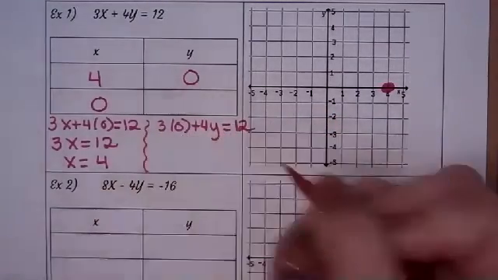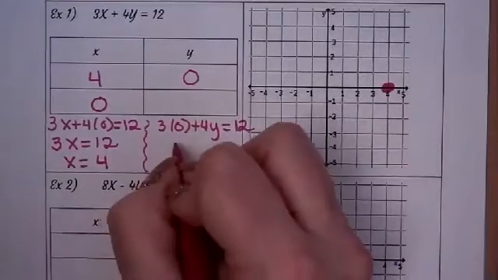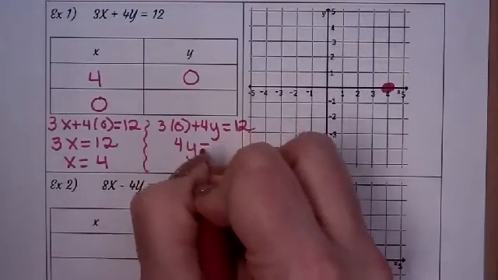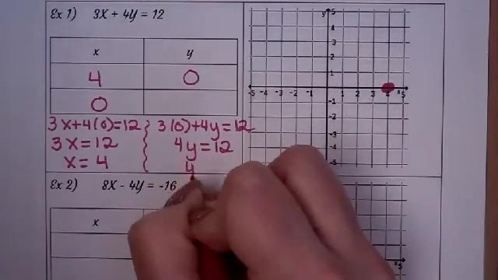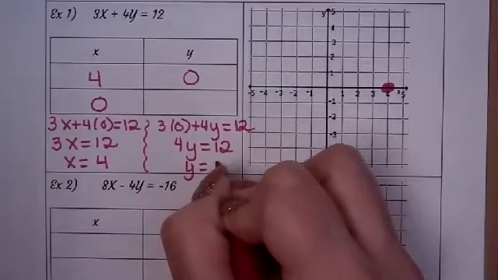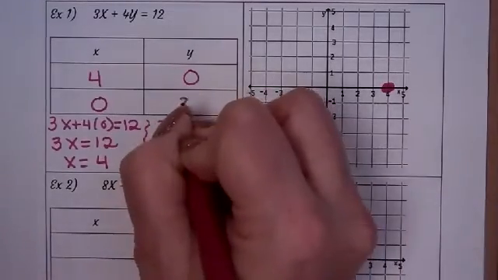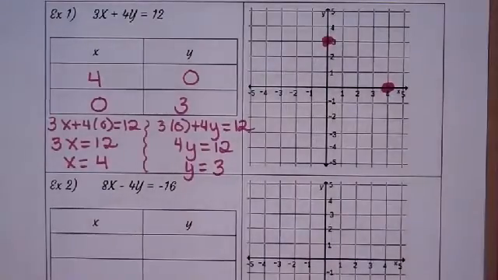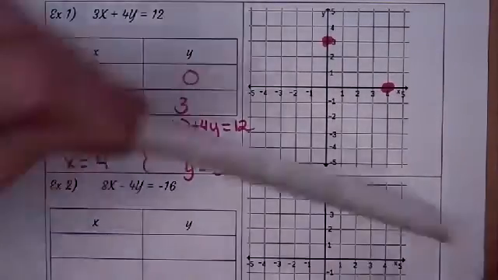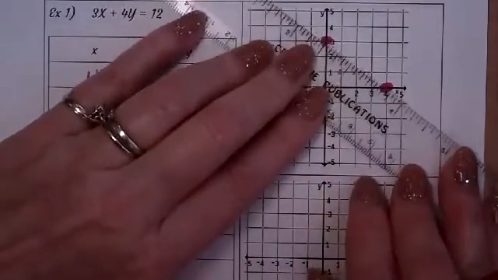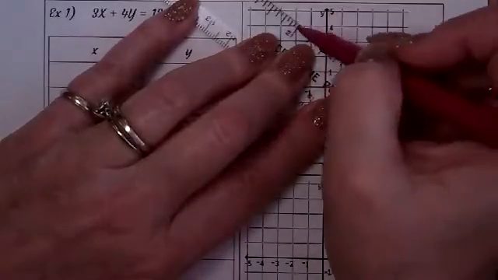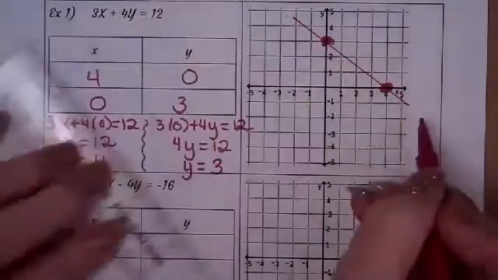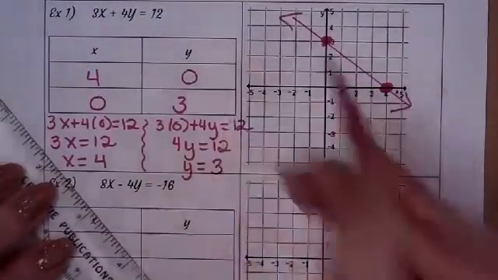Well, 3 times 0 is just 0. So what I really have is 4y equal to 12. And that means I've got y equal to 3. So that means it's going to cross the y-axis at 3. And I'm just going to grab me a ruler or a straight edge, and I'm going to graph that point, just like that.